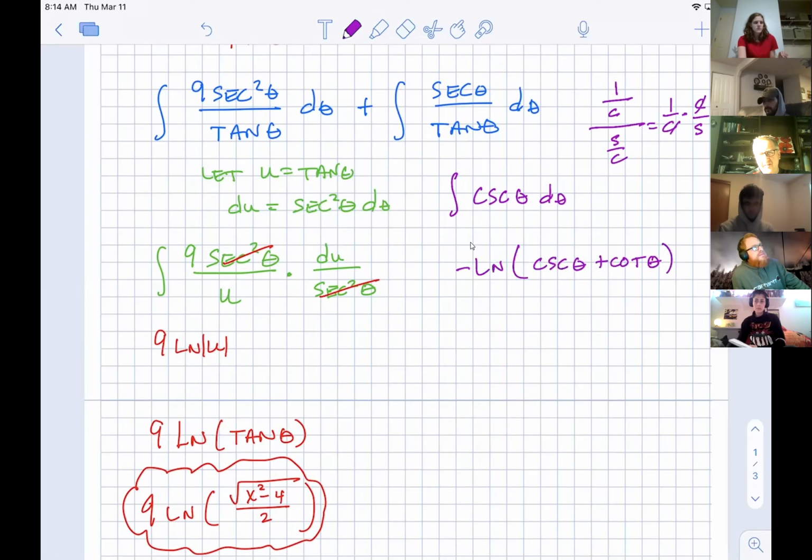Secant and cosecant are kind of brothers, if you will. And so secant was weird too. And I showed you once the crazy substitution. So the integral of secant was natural log of secant plus tangent. The integral of cosecant is natural log of cosecant plus cotangent. But again, there were no thetas in this.